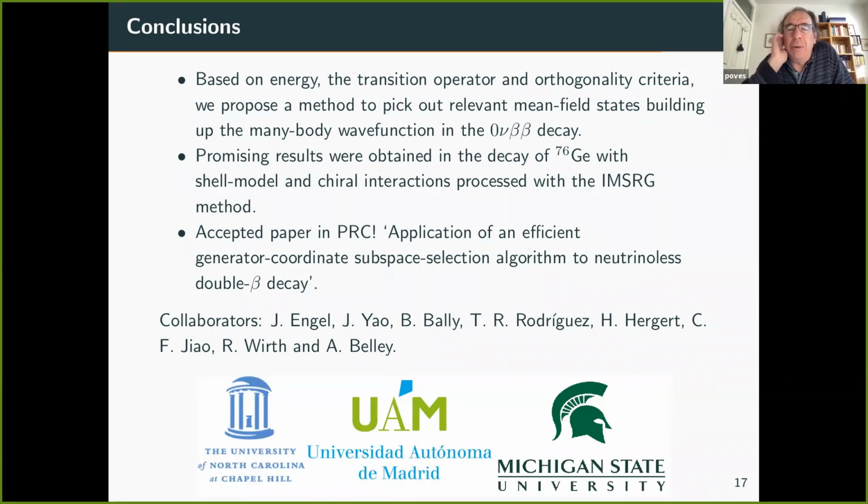Hi, now I will just... you were using this interaction in a model space. Let's say the chiral interaction was in the model space, no? Yes, in the same model space, valence space, I mean. Yes.